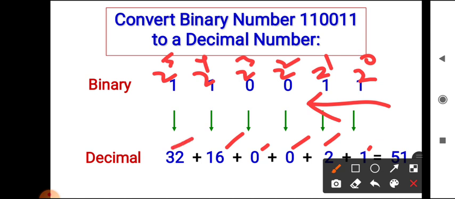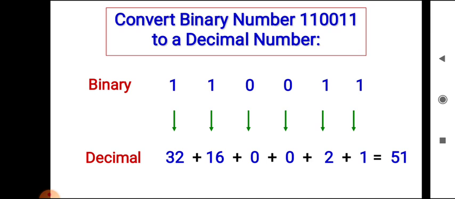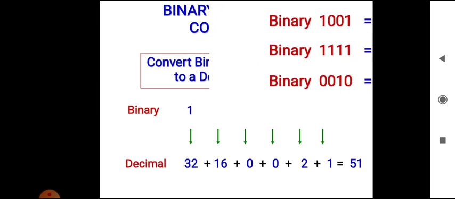Total adding, we get 51. So 51 is the decimal number. This is the conversion of binary to decimal.